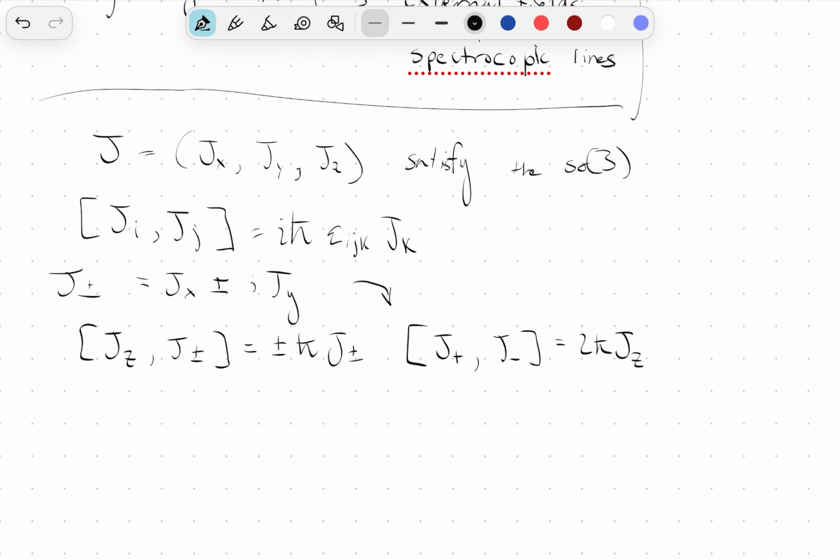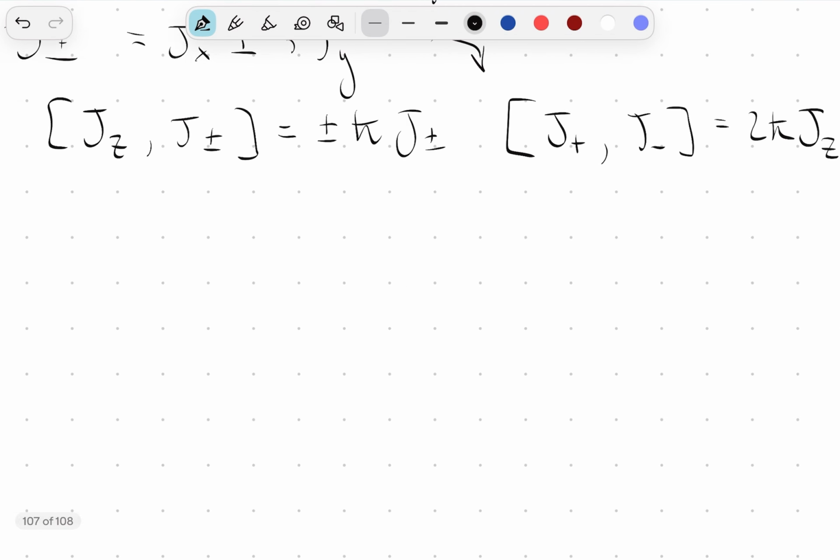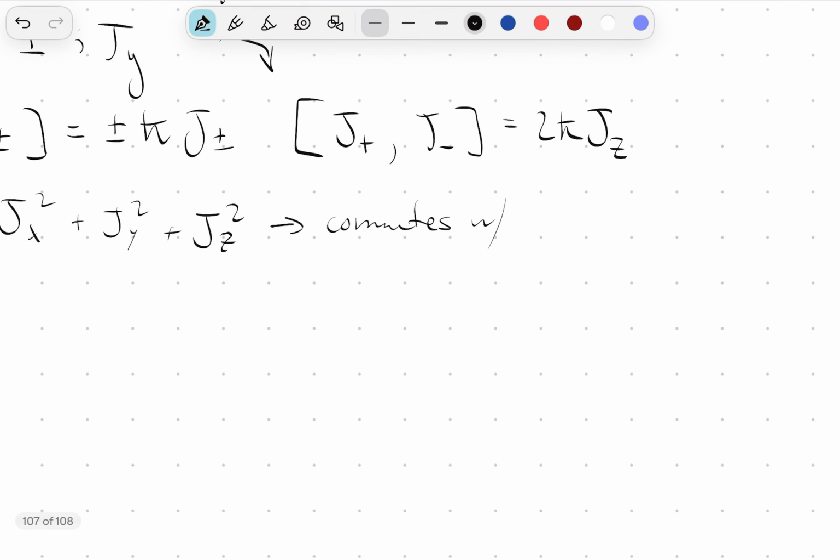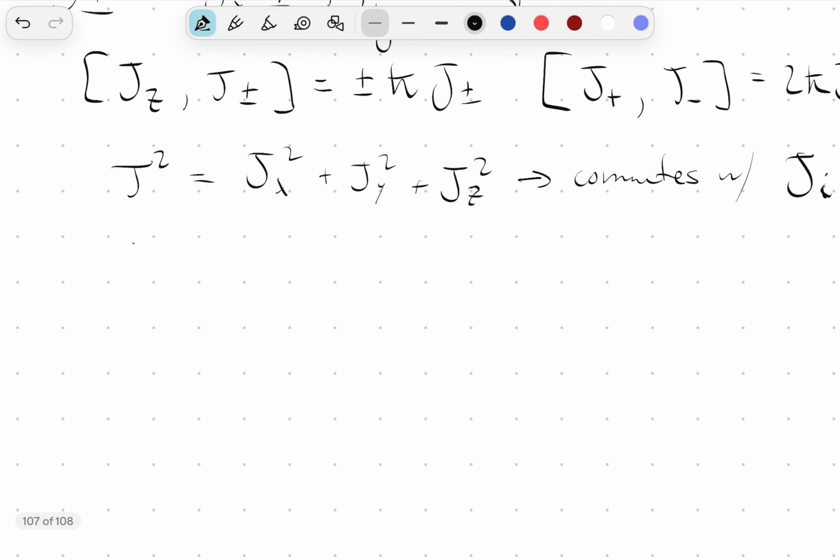build out the multiplet. Okay, so because J squared is equivalent to Jx squared plus Jy squared plus Jz squared, this commutes with J sub i. And what this allows us to do is simultaneously diagonalize J squared and Jz.